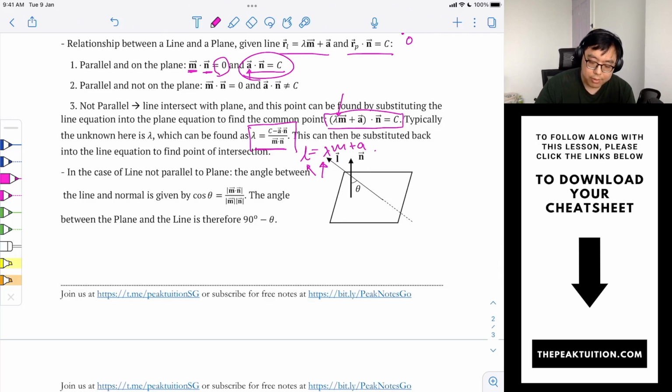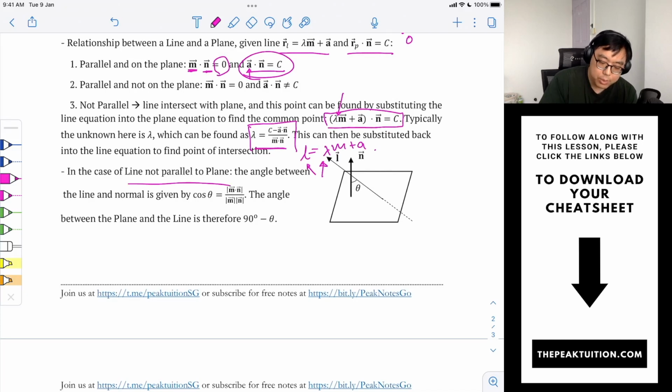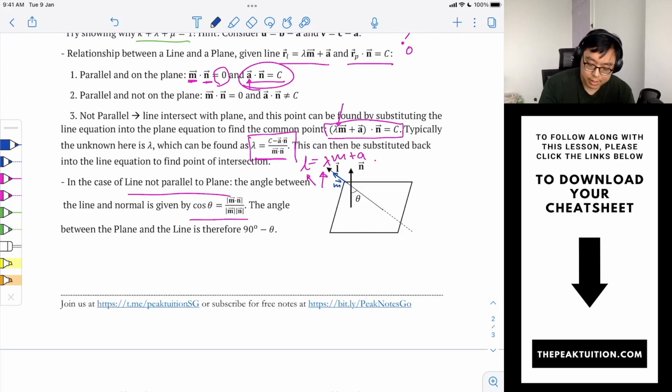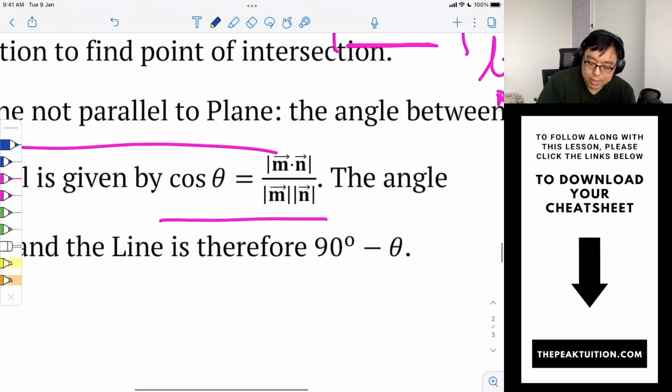In the case of the line not being parallel to the plane, the angle between the line and the normal can be given by cosine equals this, as represented in this graph over here. This direction L is basically the direction of m, the direction of the line vector, and we can see that for cosine theta, if this equation looks familiar, it is basically the dot product.